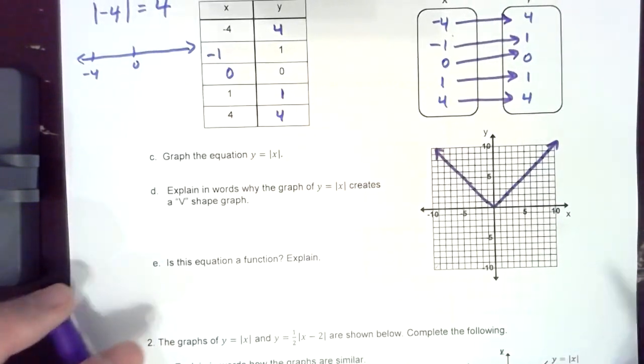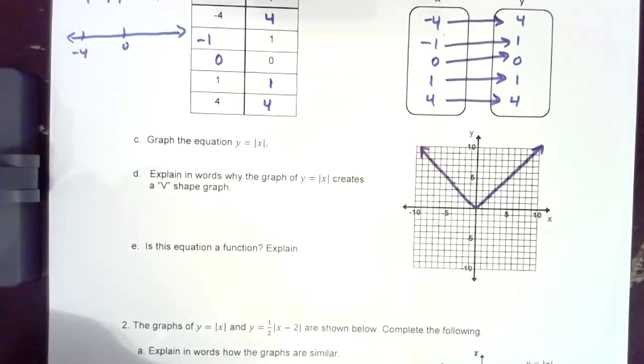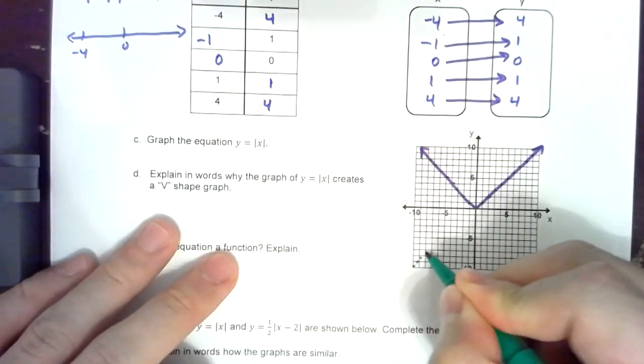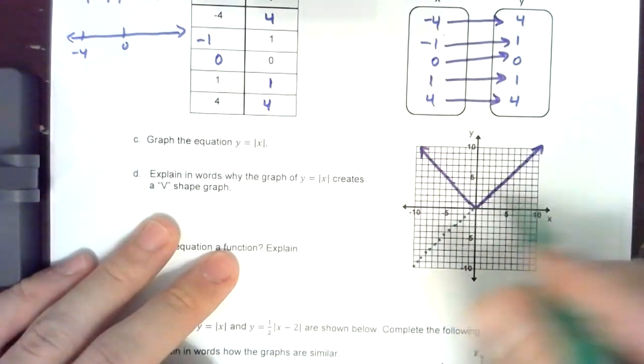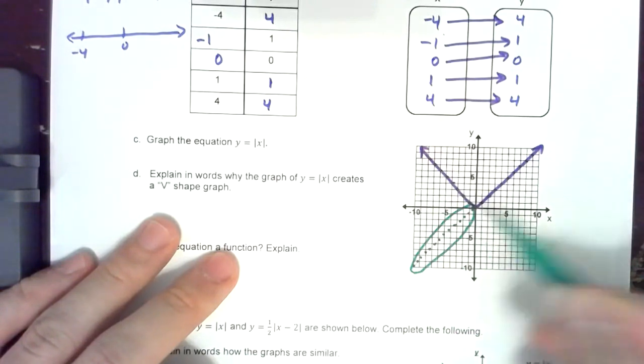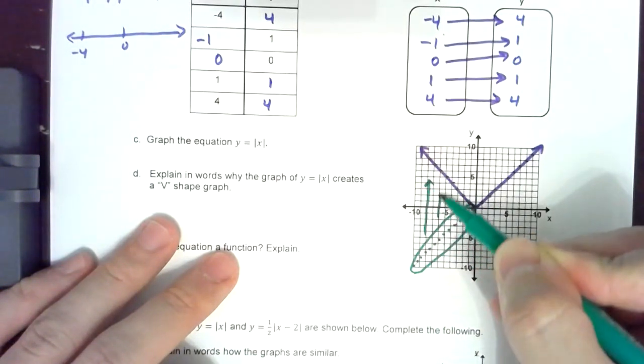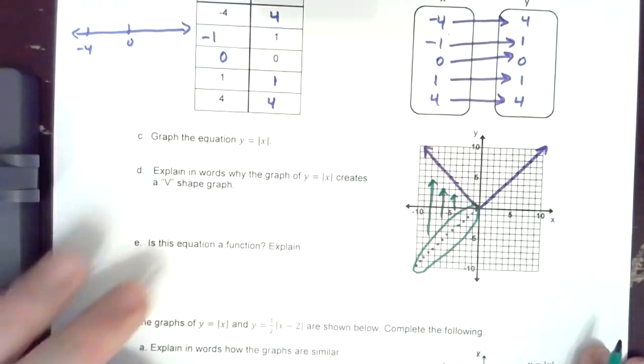So why does it have the V shape? Right? y equals x should have looked like this, right? But this portion got flipped right there.